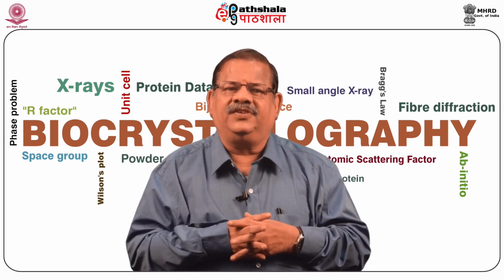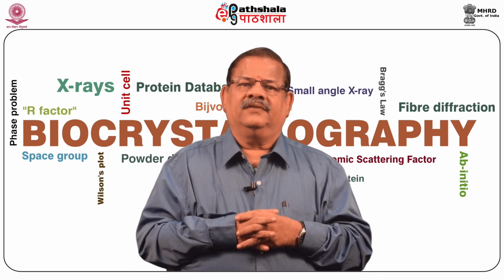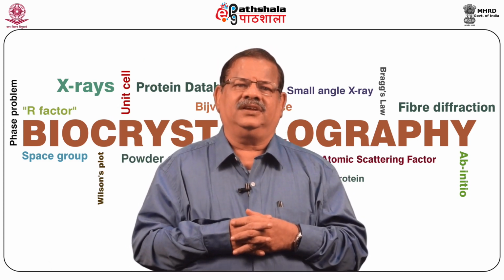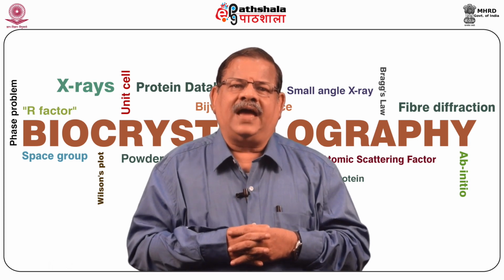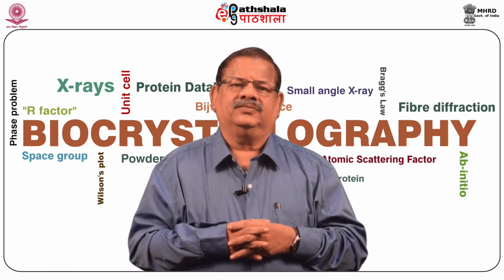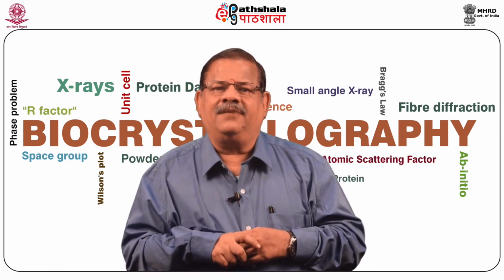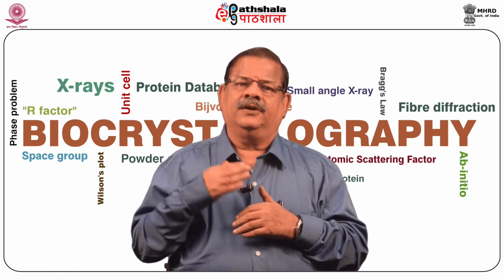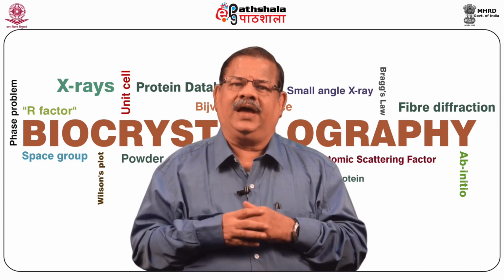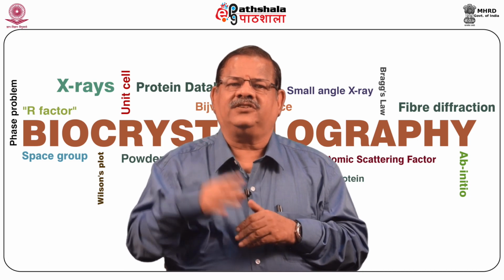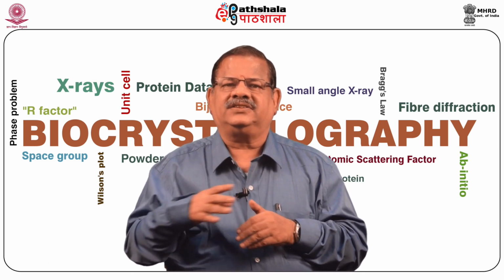In the accompanying figure 29.1, we can see how Bragg's law can be easily elucidated. The amplitude of the wave is scattered by a single plane. For example, we are considering two planes PQ and P prime Q prime, and two rays are incident. One is incident on the first plane and another on the second plane.